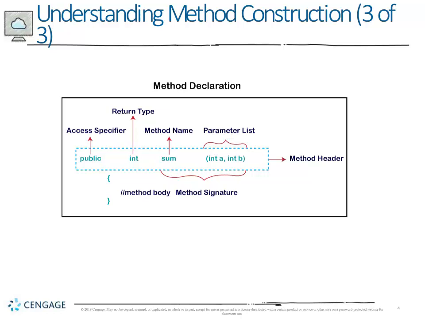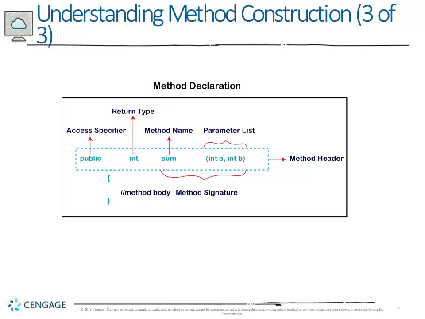Java provides 4 types of access specifiers. Public: the method is accessible by all classes. Private: when we use the private access specifier, the method is accessible only in the class in which it is defined.